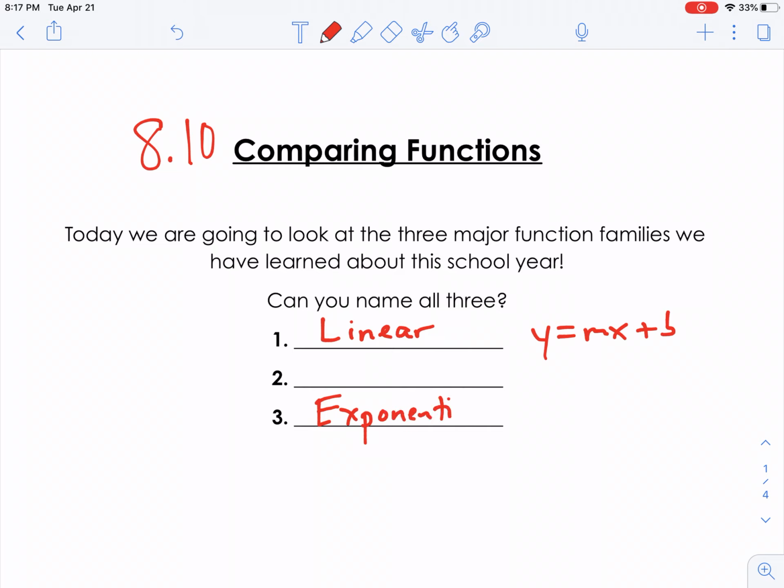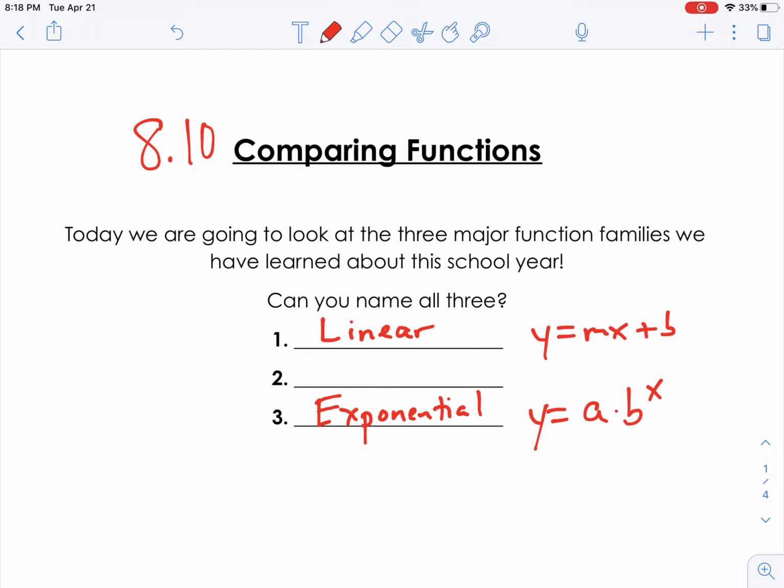We did exponential functions. And if you remember that format, it's y equals a times b to the x power. I'm sorry, I wrote that wrong. It's when the x variable is in the exponent.